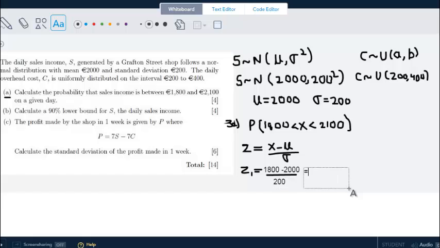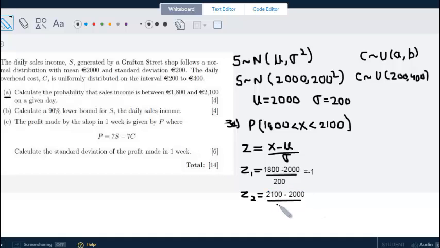On calculating this you would get it as equal to -1. Similarly, calculating z2, x2 is 2100 on the right hand side, minus mu 2000, upon 200.